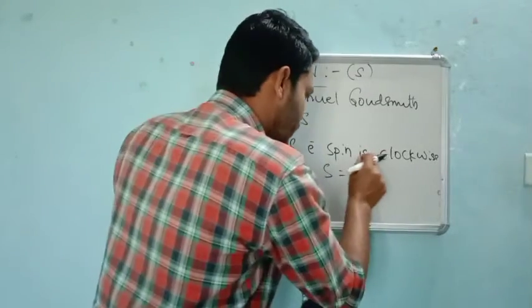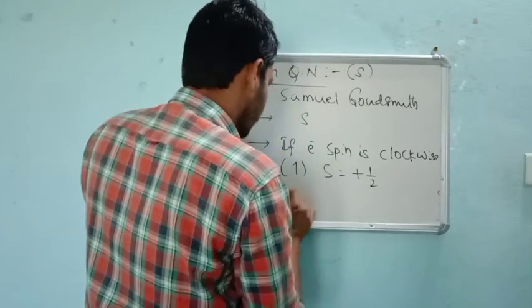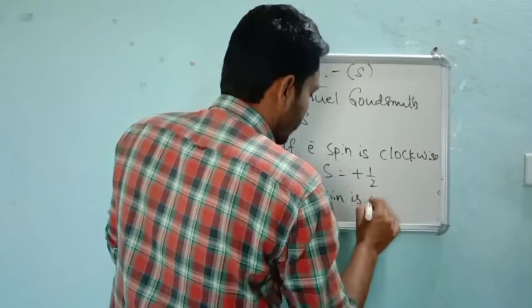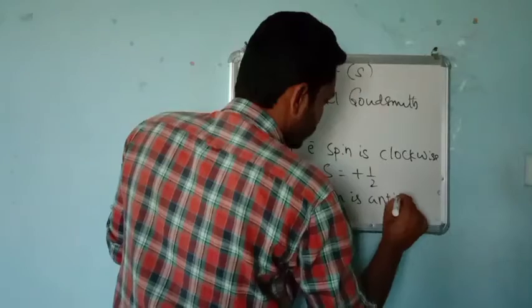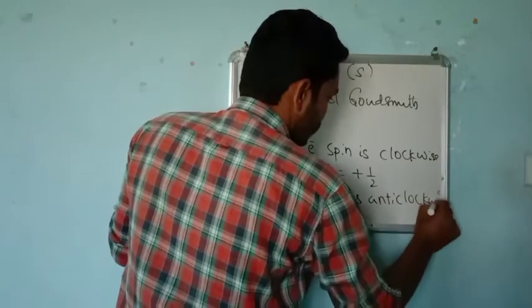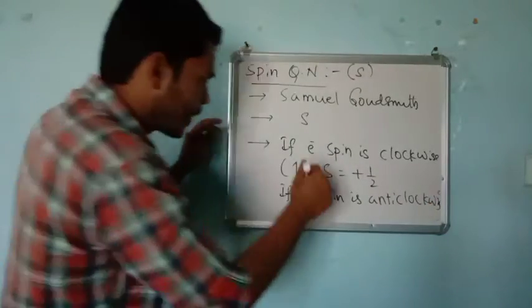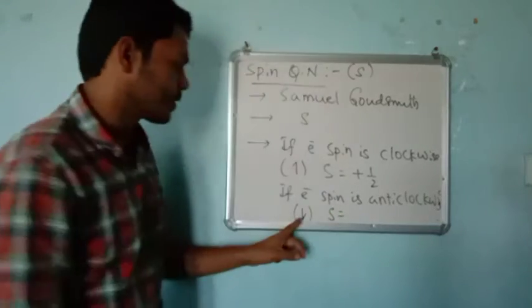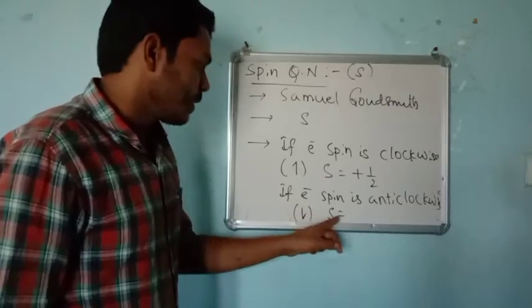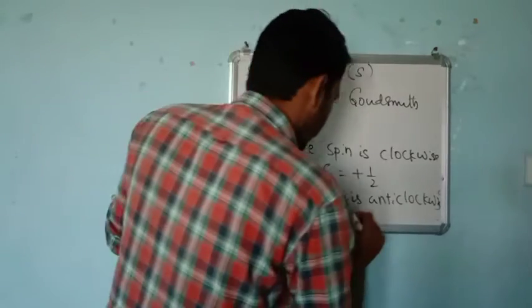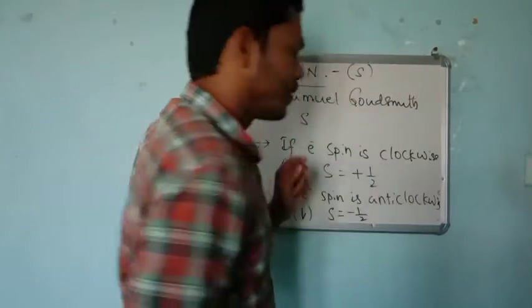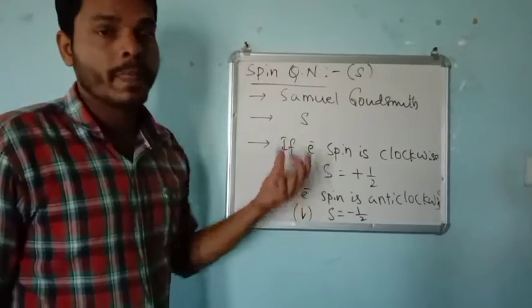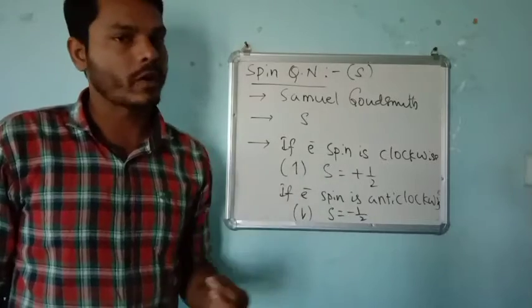If the electron spin is anti-clockwise, then the s value will always be minus half. Anti-clockwise means like this, with the direction downward.